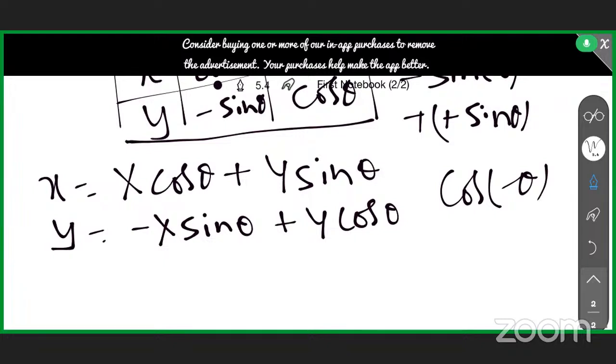Cos of minus theta is equal to plus cos theta. So only cos theta will not get changed there. It is basic trigonometry.